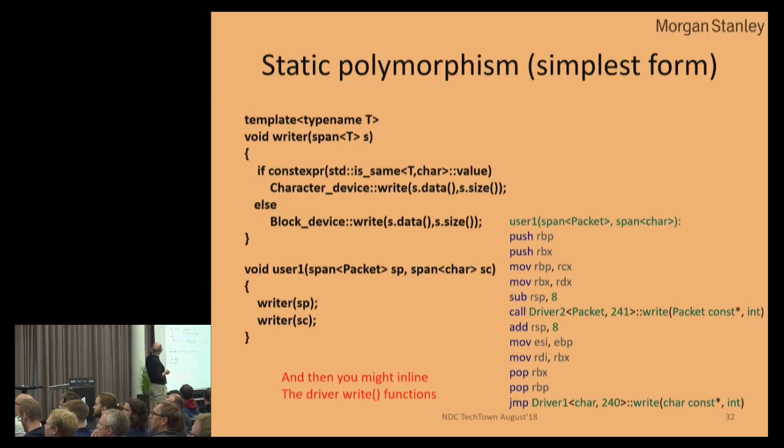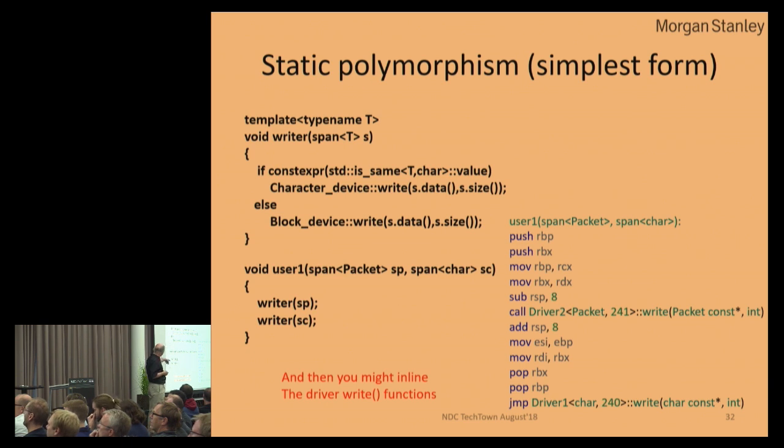So what I can do here is write a writer which takes a span of T's, whatever T is, and if constexpr is_same T and char, which is the notation for checking at compile time whether T is a character, then use the character device driver. And with the block device we use the other one.